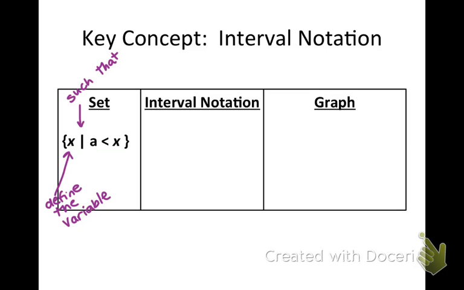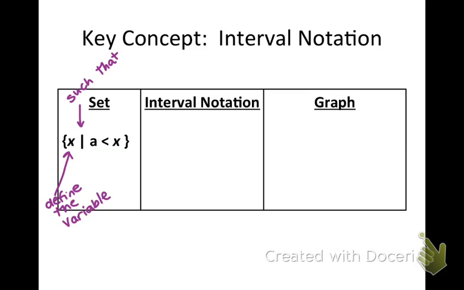Okay? All right. So that's what set notation looks like for inequalities. In your past life, last year, you would just say X is greater than 2. Done. That's my answer. Well, in set notation, it would be X such that X is greater than 2. That's all we're adding. So if you're asked for set notation, that's what it's going to look like.